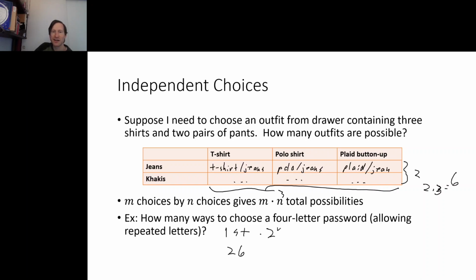For the second letter, there are also 26 choices because we're allowing ourselves to repeat letters. For the third letter, there are 26 choices. And for the fourth, there are again 26 choices. And these choices are completely independent of each other, and so we just multiply together these numbers of possibilities. And we get 26 to the 4th, which is a fair number of 4-letter passwords.